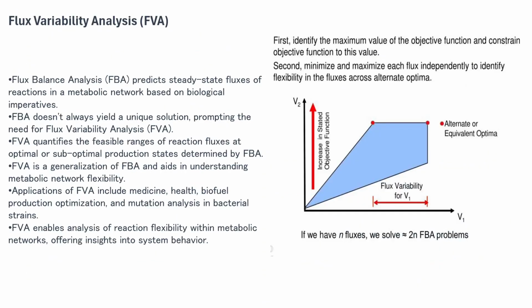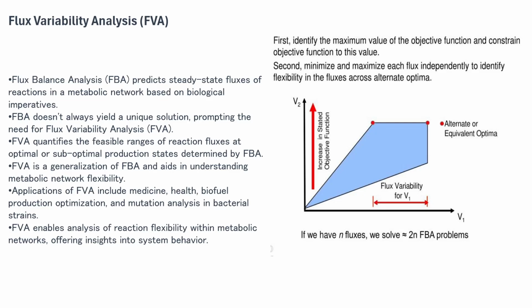Okay, next we studied flux variability analysis. How is it different from FBA? It basically quantifies feasible ranges of reaction fluxes at optimal or suboptimal production rates determined by FBA. It is a generalization of FBA and aids in understanding metabolic network flexibility. It predicts steady-state fluxes of reactions in a metabolic network based on a biological imperative.